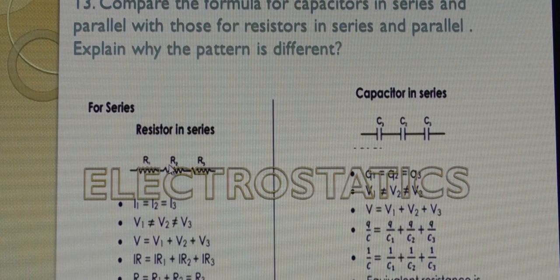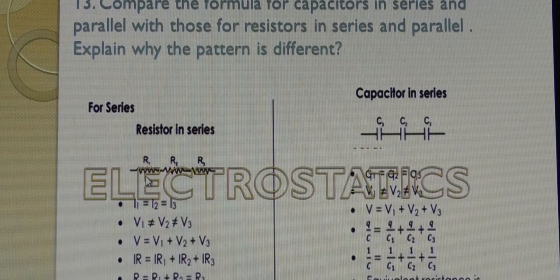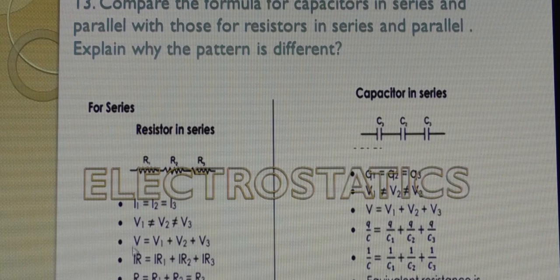All the terminals of the resistors are not connected with the same terminal of the battery. That's why V1, the voltage drop across R1, is not equal to V2, and it is not equal to V3.